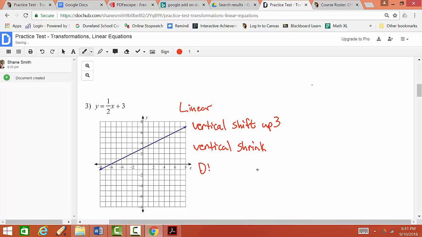The domain is all real numbers because every number is being used on the x-axis. And so is the range. All right, and that's it for the first page.